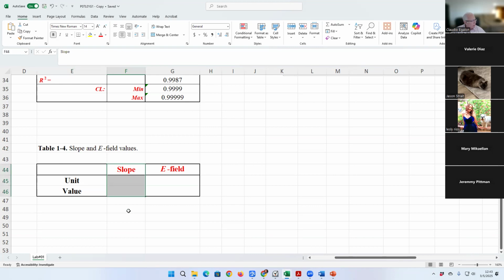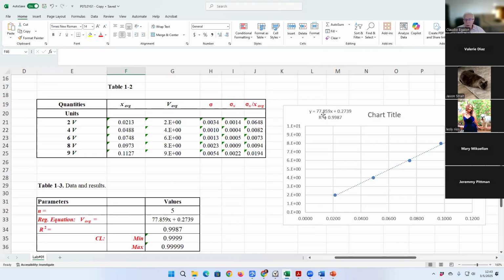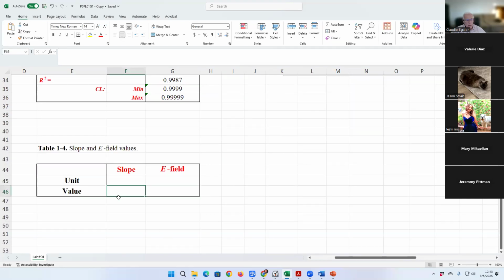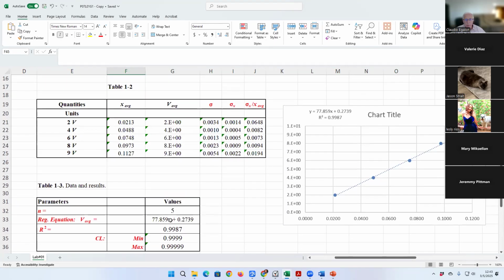That's straightforward, right, Elizabeth? You have the slope here. You write down this value there, and then you put the unit. You do dimensional analysis. You plot the V against the position, so the slope is going to be what? The rise, the unit of the rise, that's volts, divided by the unit of the run, volt per meter.